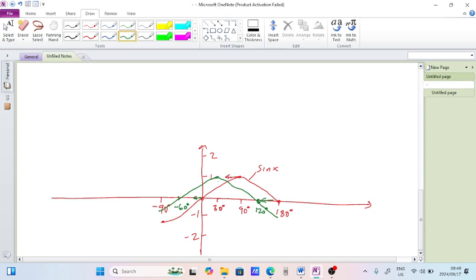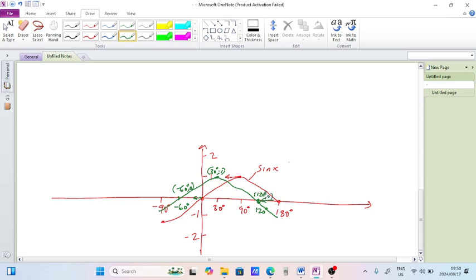Writing the coordinates here to be what? 30 degrees and 1. Now this one will be negative 60 degrees and 0. This one is 180 shifted by 60 units, so it will be 120 degrees and 0.